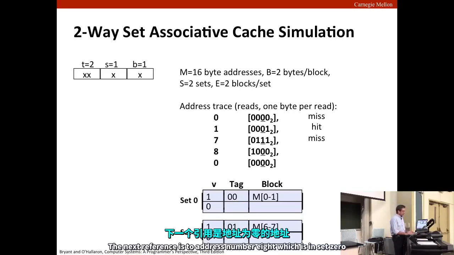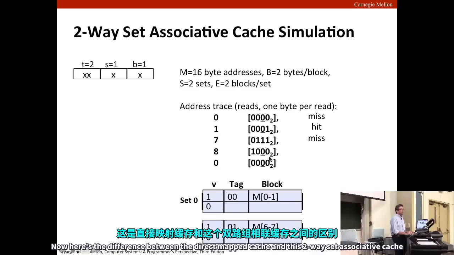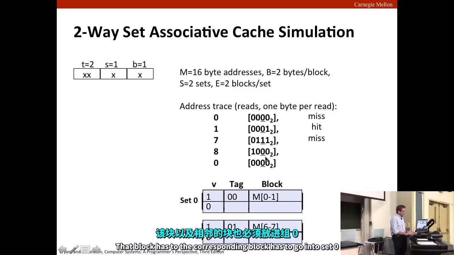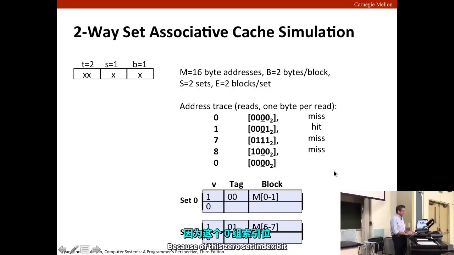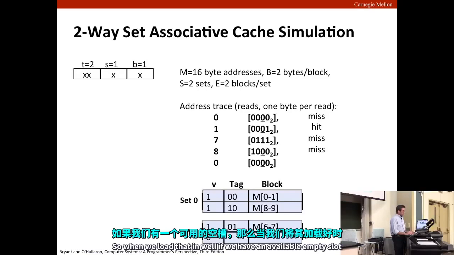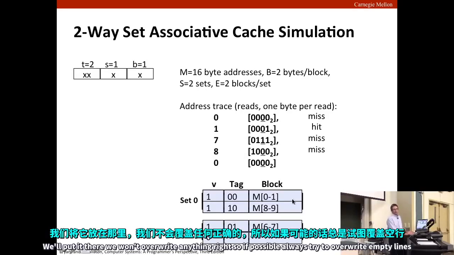The next reference is to address number 8, which is in set 0. Now here's the difference between the direct-mapped cache and this two-way set associative cache. When we reference address 8, the corresponding block has to go into set 0 because of this 0 set index bit. But we've got room now because our sets have room for 2 lines instead of 1. So when we load that in, if we have an available empty slot, we'll put it there. We won't overwrite anything.